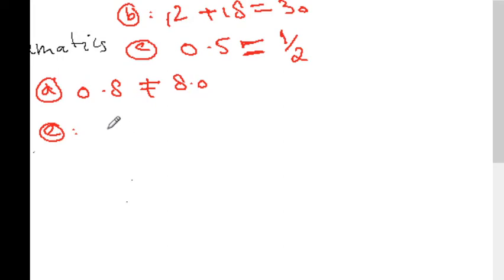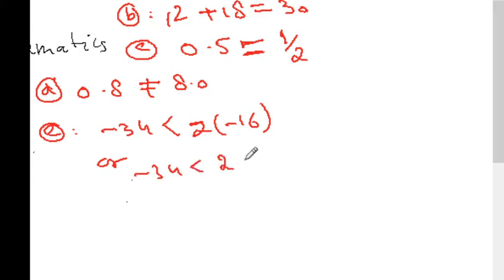Then part E is minus 34 is less than 2 times minus 16. We can write it this way, or we can write minus 34 is less than 2 into minus 16. Both are correct.